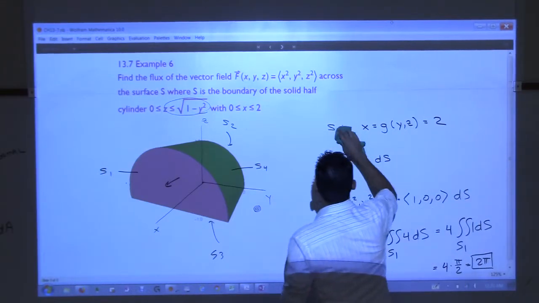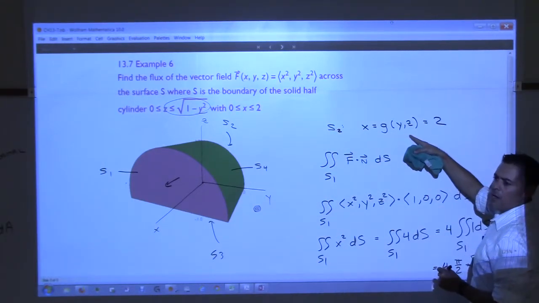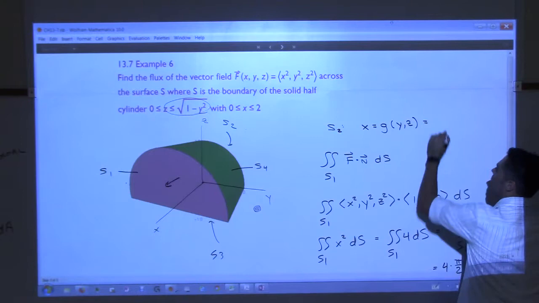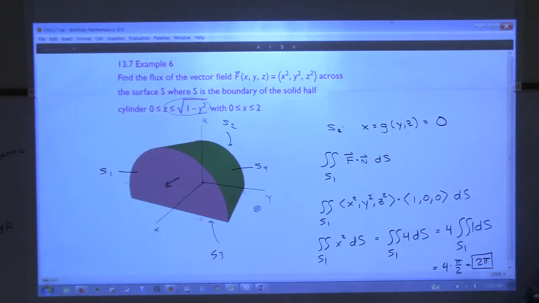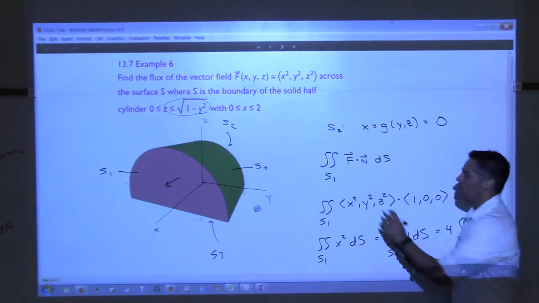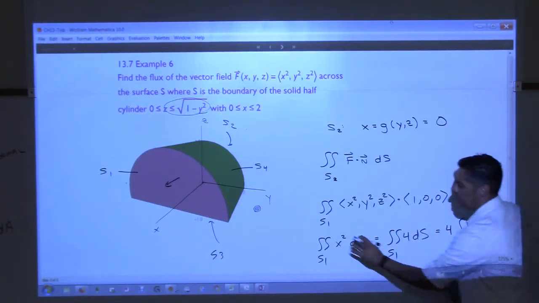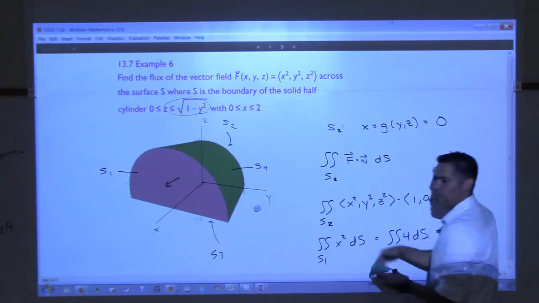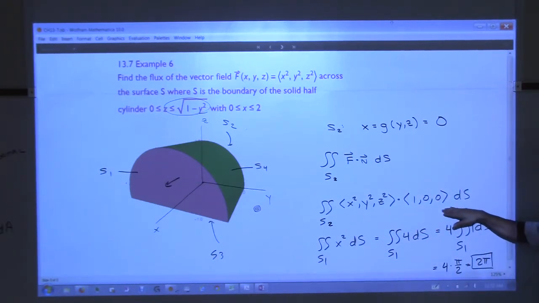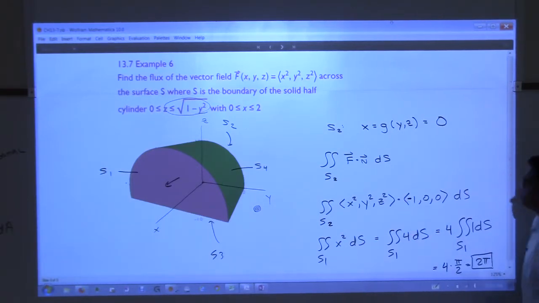But let's do it. On S2, x is still a function of y and z, but it's actually the 0 function. We still want to do this dot over S2 now. This is all still the same, isn't it? This normal, though, is negative. Thank you. Because it's not i hat, it's negative i hat.